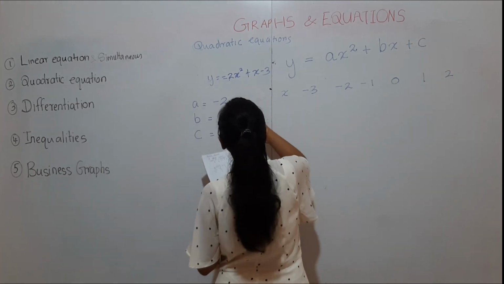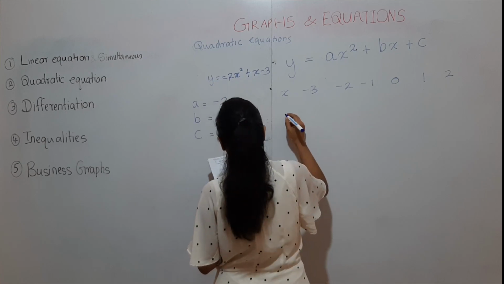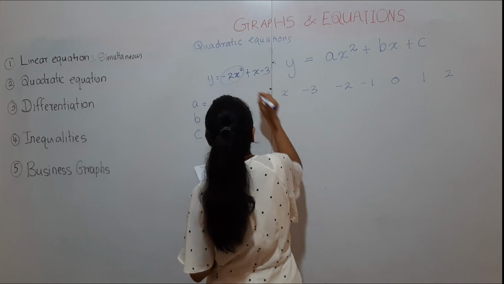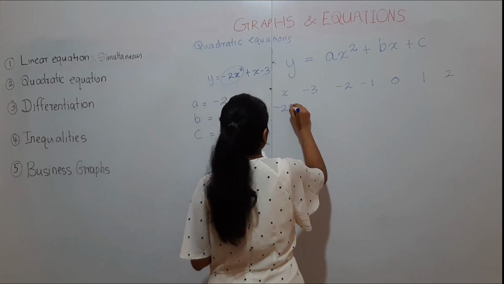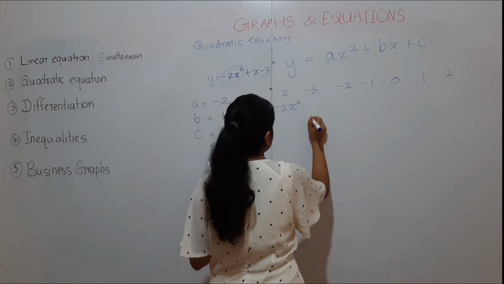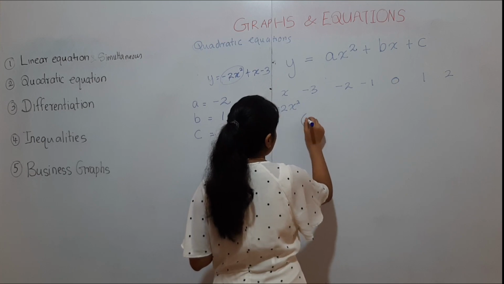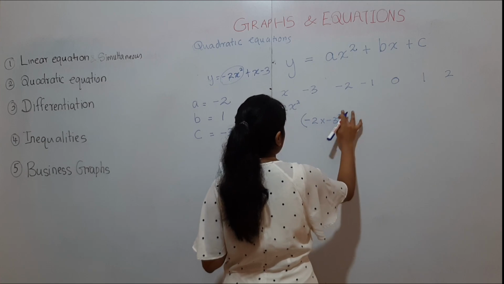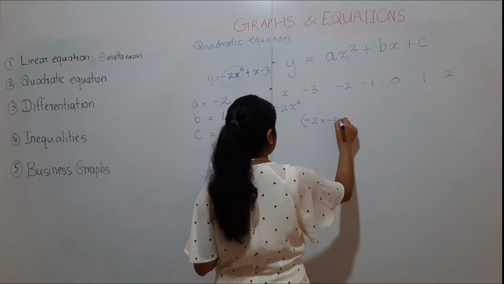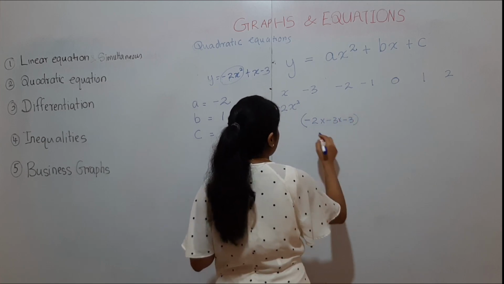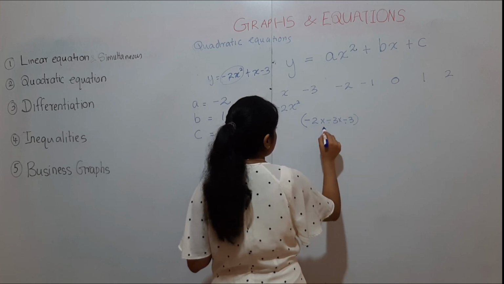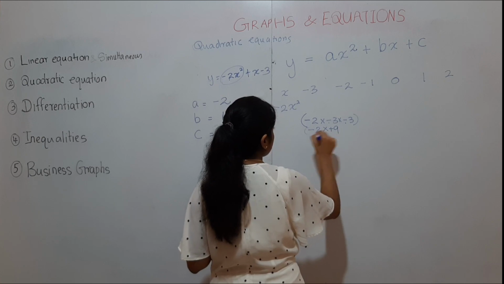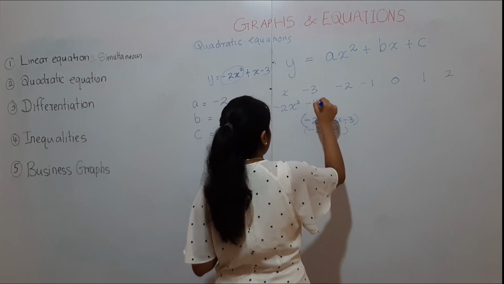And then find what is x squared, or you could find straight away what is minus 2x squared. For this minus 3, how will you get the answer? Minus 2 multiplied by minus 3 squared. Minus 3 squared means minus 3 into minus 3. Minus into minus is plus. So, this will become plus 9 into minus 2, which will give us the answer minus 18.